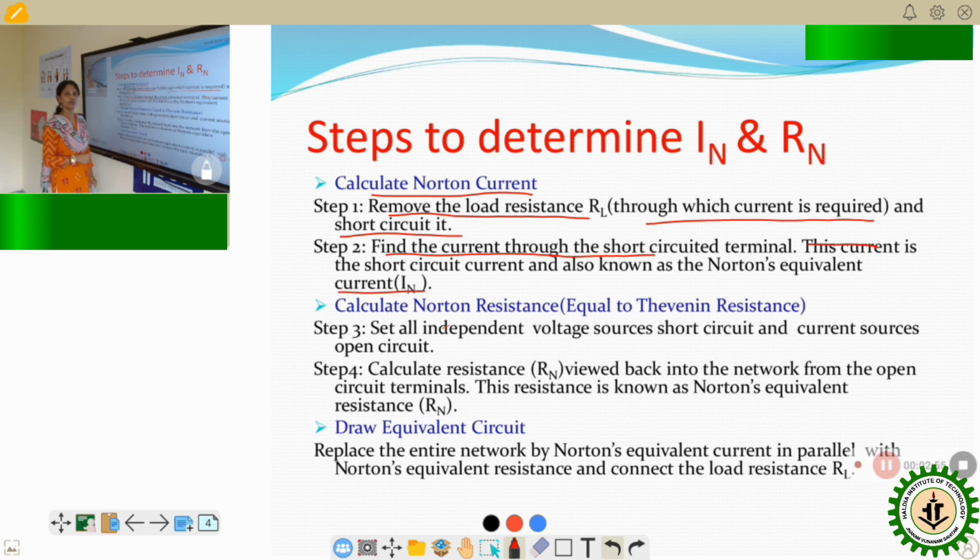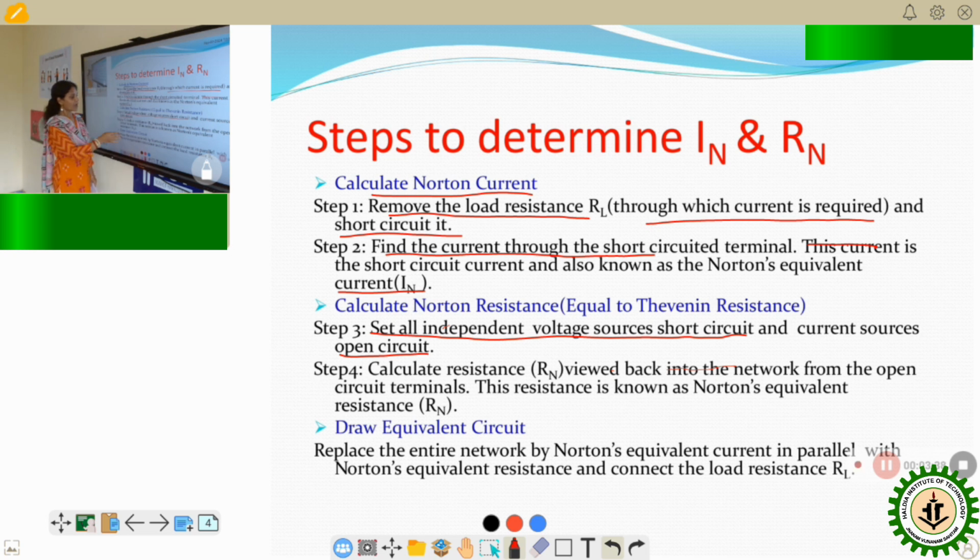In the next step, calculate Norton resistance. This is the same as Thevenin's resistance. So before calculating Rn or RTH, set all the independent voltage sources short circuit and current sources open circuit. Why should all the voltage sources be short circuit and current sources open circuit? Again I repeat, voltage sources are short circuited because a short circuit allows the current, but across a short circuit the voltage is 0, and current sources are open circuited because in an open circuit the current is 0 but there is a non-zero voltage.